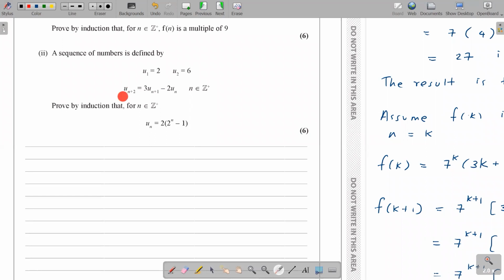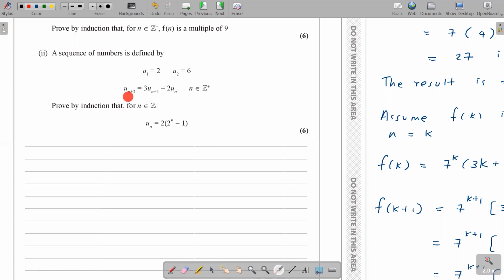Okay, anyway, now they are asking you to do what? Prove by induction that for n being an element of the positive integers, the nth term is given by u(n) is equal to 2 times 2 to the power n minus 1. So you have to prove that the terms you get, the u1, u2, u3, u4, from this formula will be the same as the terms you get from the recurrence relation, because you realize in the recurrence relation, you cannot jump terms.